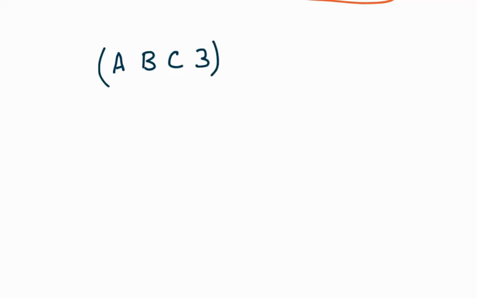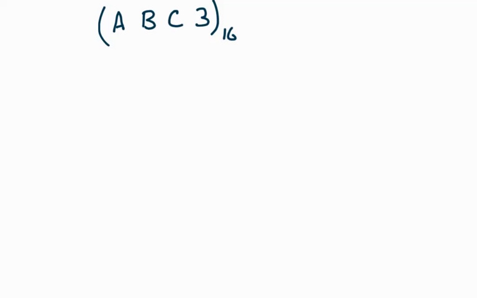Firstly, we're going to look at a hexadecimal number. A hexadecimal number, let's say we can use an A, B, C, 3. Alright, so let's say we have a hexadecimal number. Alright, let's write 16 here. Now what I want you guys to do is write them out separately like this: A, B, C, 3. Sorry, this is not a D, this is a 3.